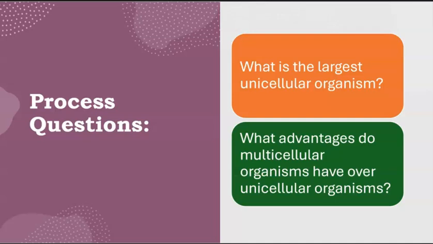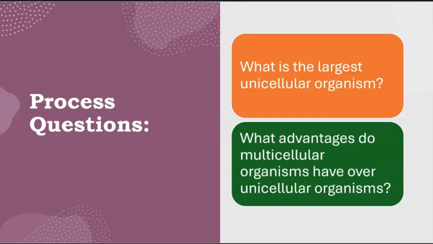Some of the main benefits is specialization and efficiency. What does it mean by that? Multicellular organisms can have different types of cells like muscle, nerve, and blood cells specialized for specific tasks, making complex functions more efficient. In contrast, a unicellular organism must perform all life processes within a single cell.